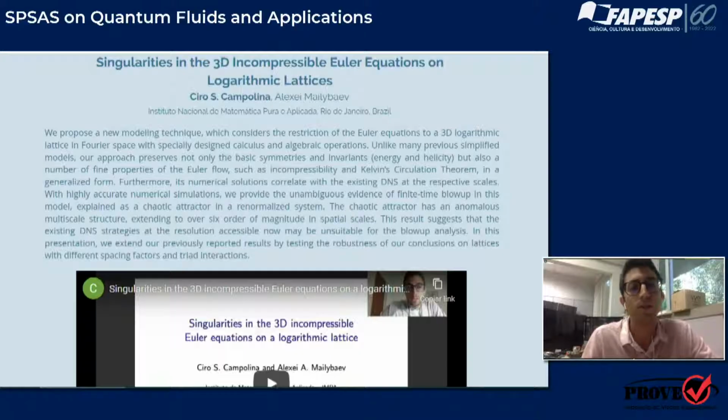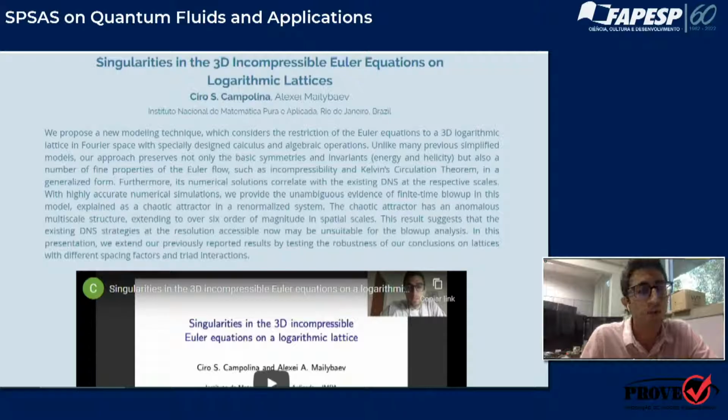We take the equations in Fourier space, but instead of using regular grids, which is the usual procedure in direct numerical simulations, we performed all the simulations in a logarithmic lattice, where the wave vectors are distributed in a logarithmic way.